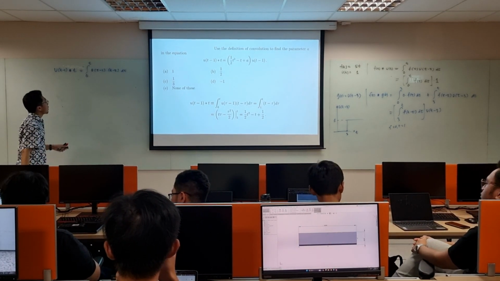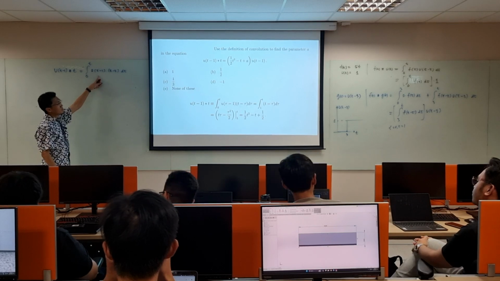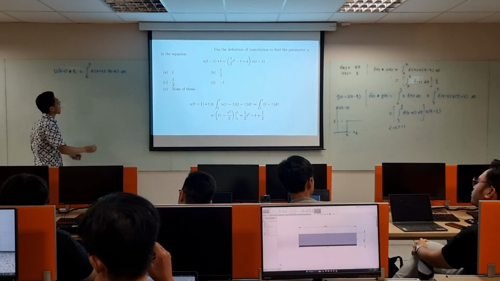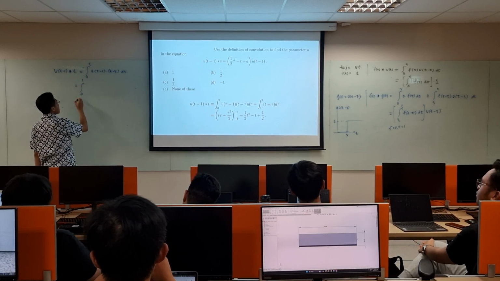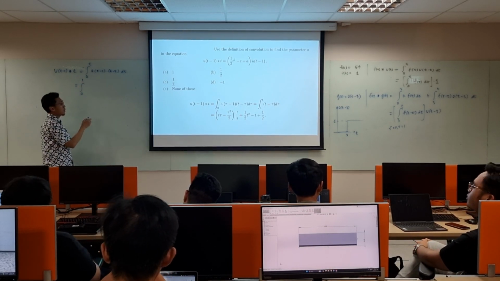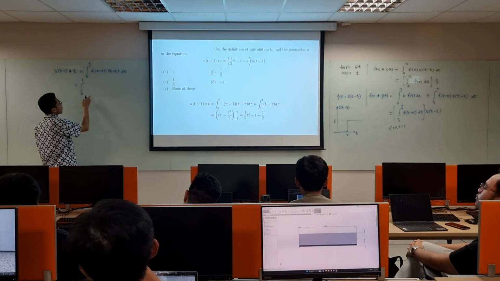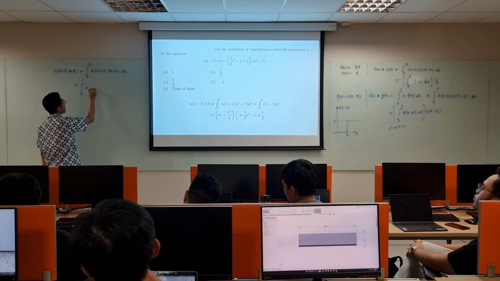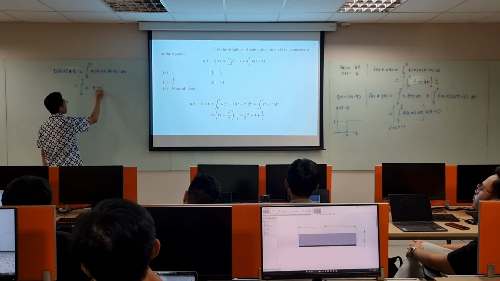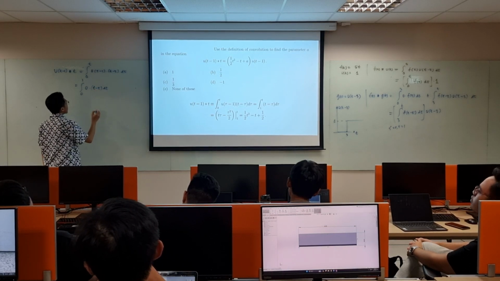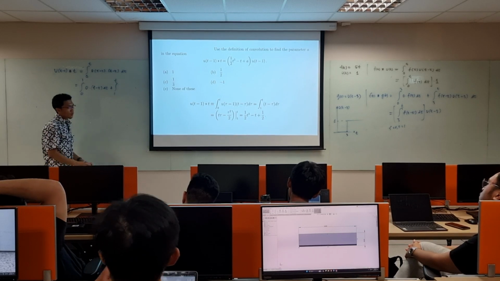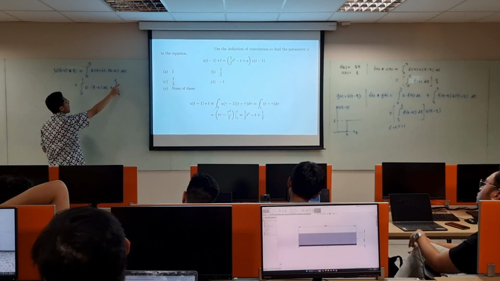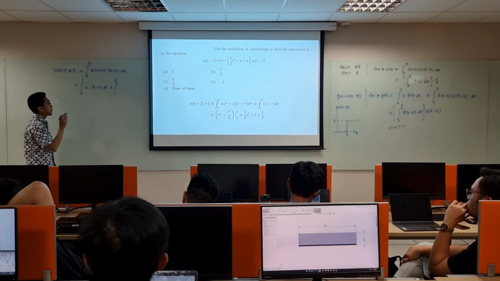Okay, so we know that this function, because it is delayed, we can split the limit of the integral. We can split it from 0 to 1, which is 0, times t minus tau. And then from 1 to t, which is 1. From 1 to t, this step function is 1.